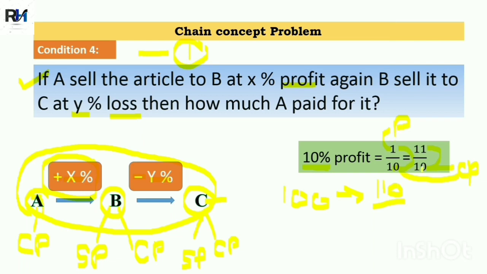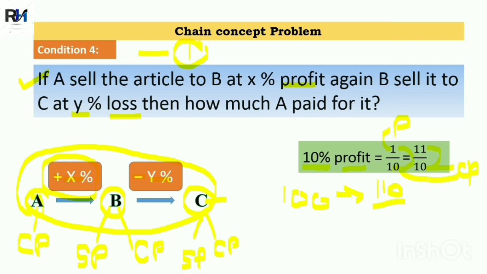Now A has to sell the article at X% profit, so we multiply A by 11 by 10. Why have we added 1 here? Because the profit is given, therefore we add 1.